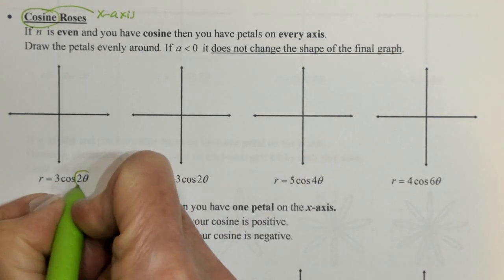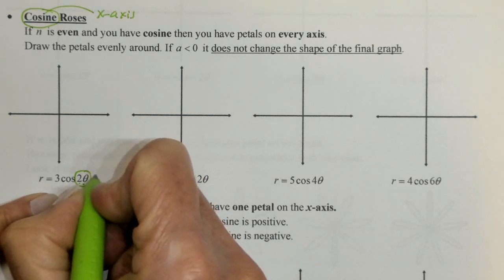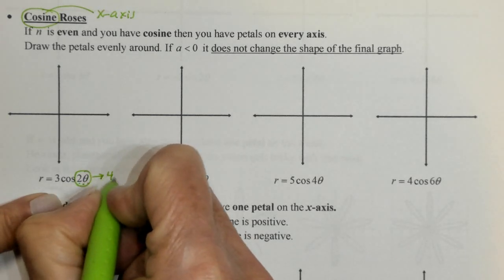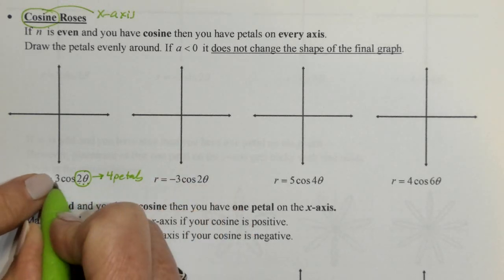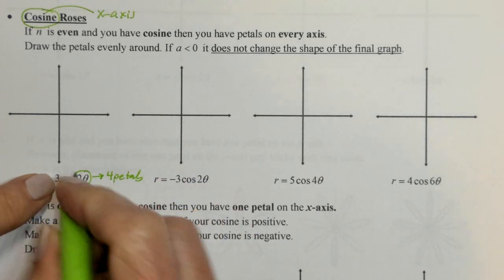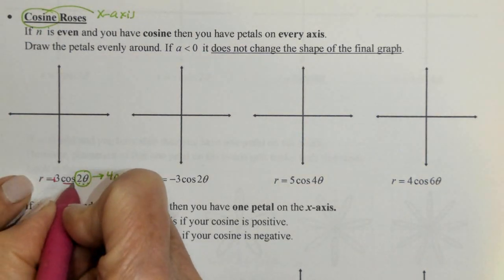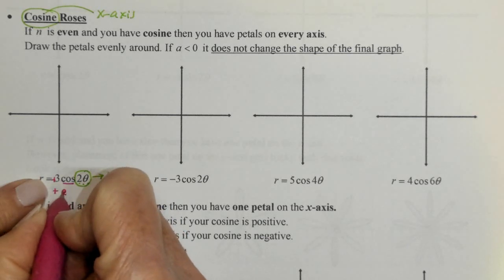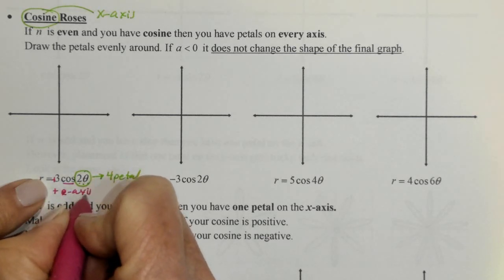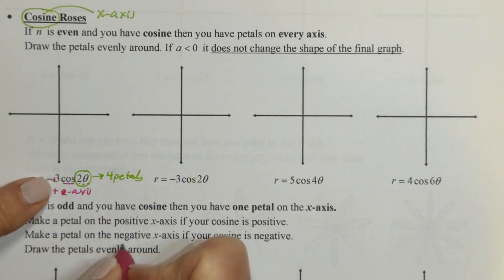I think to myself, 2 theta, so 4 petals. Each petal is going to be of length 3. The next thing I look at is the sign here. It's a positive cosine. So I think to myself, positive x-axis.